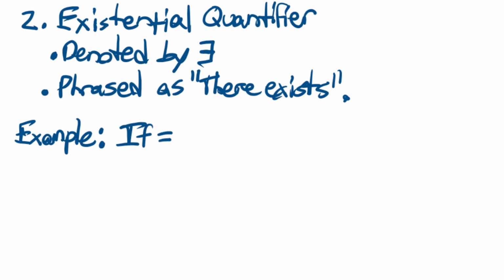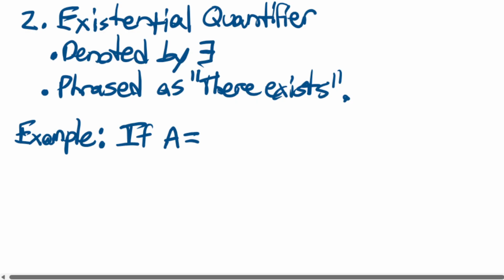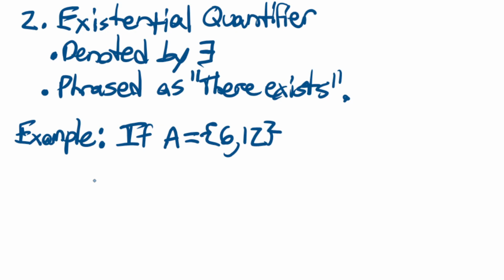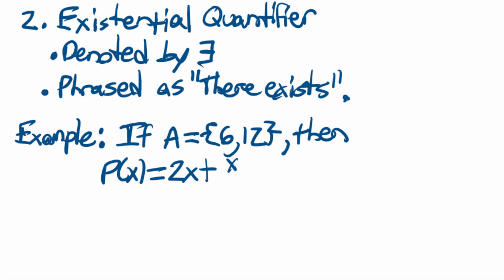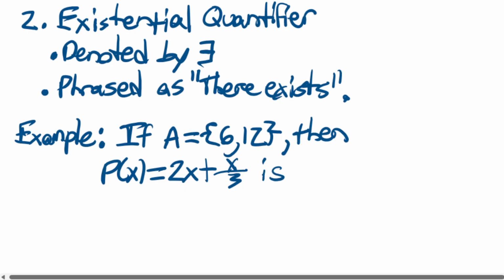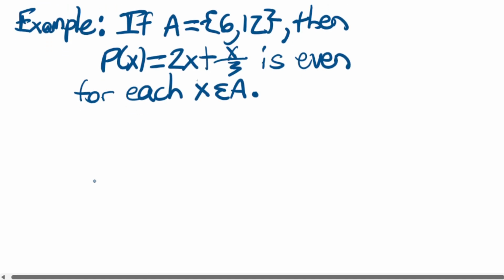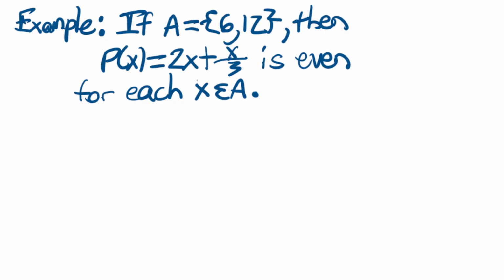Say we are given this set A, which has elements 6 and 12, then P of x equals 2x plus x over 3 is even for each x that's an element of A. So this is an implication, and let's plug in the conditions from the set A to see if this statement meets all the conditions.